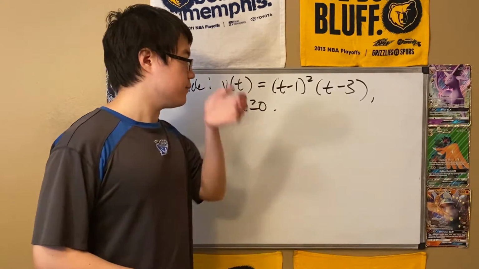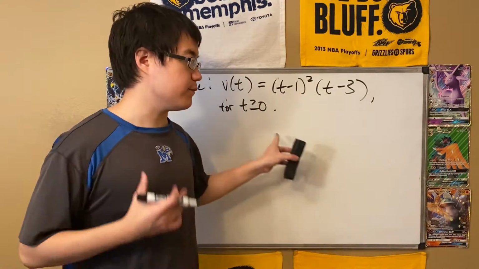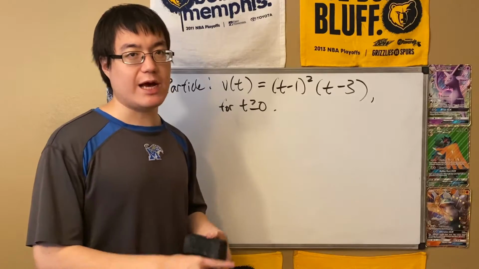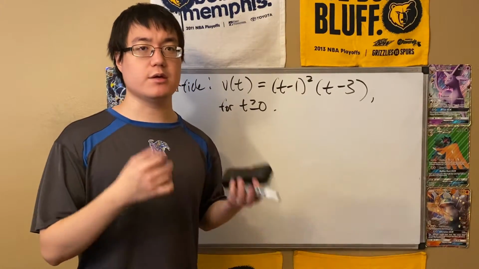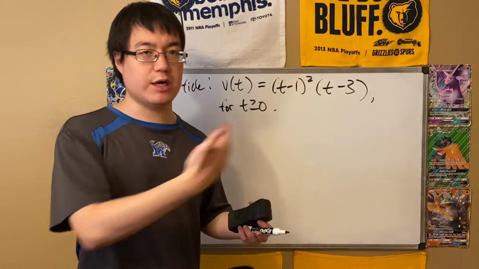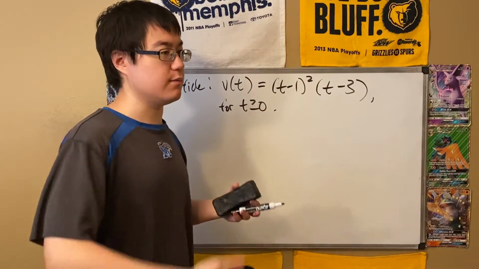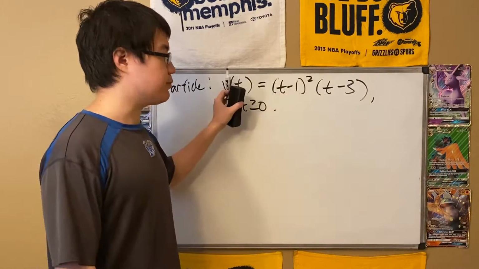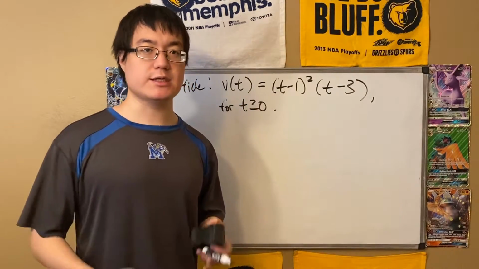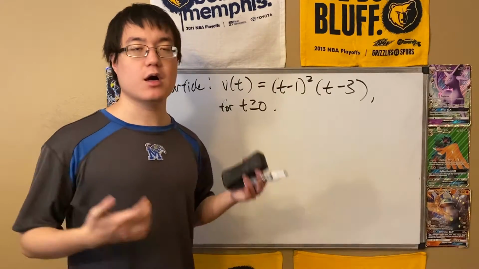So again, if you don't know particle motion, the general gist is you have this particle traveling along the curve. The position is where the particle is on that curve. I like to think about it as mile markers, like mile marker number 5 or mile marker number -7, something like that. Its velocity, which is the derivative of position, is how fast the particle is traveling along the curve.